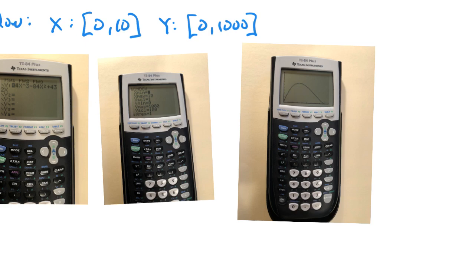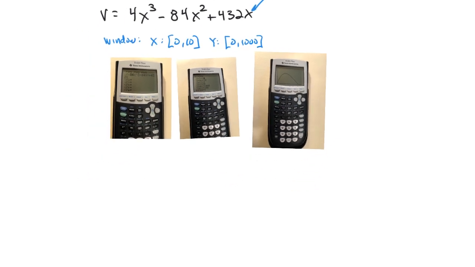So when I run it on my calculator, it says X is roughly 3.39 and Y is approximately 655.0.